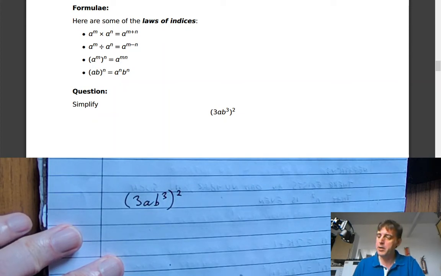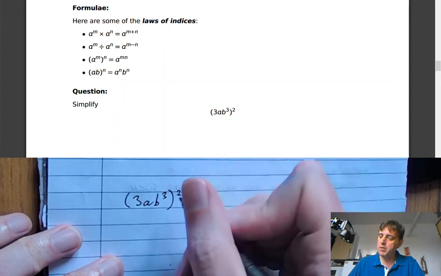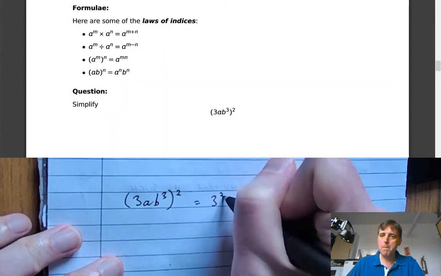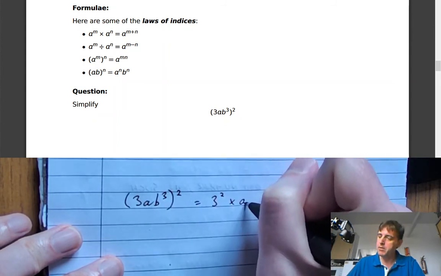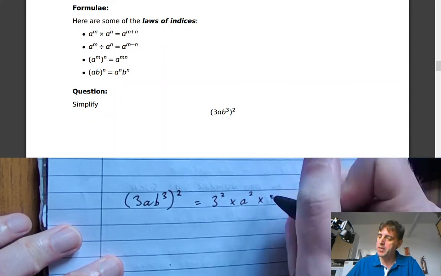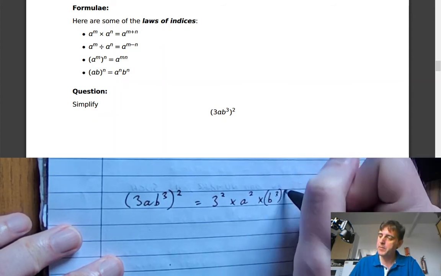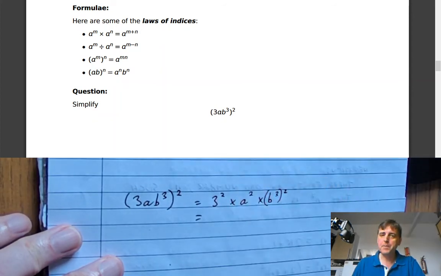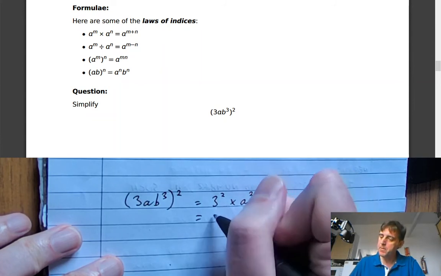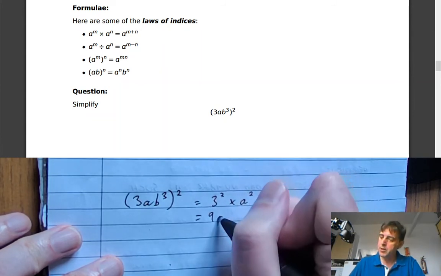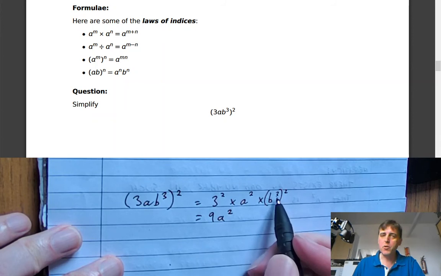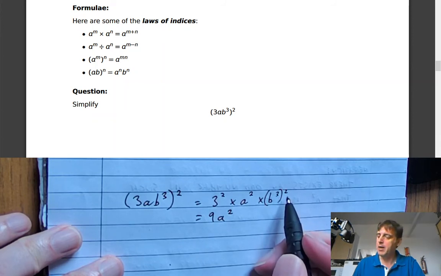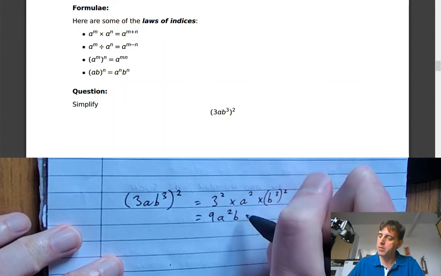So in this particular case, this is going to become 3 squared multiplied by a squared multiplied by b cubed, all being squared, and if we simplify that, 3 squared becomes 9, a squared is still just a squared, and then the b cubed squared, remember that third rule down says we can multiply those two powers together, so we end up with b to the power 6.